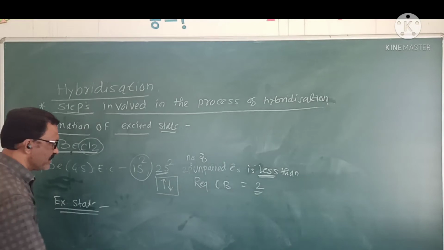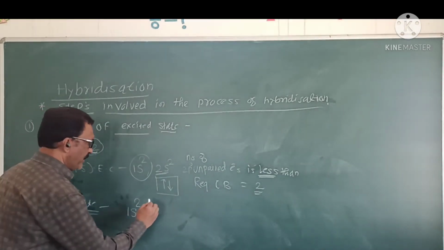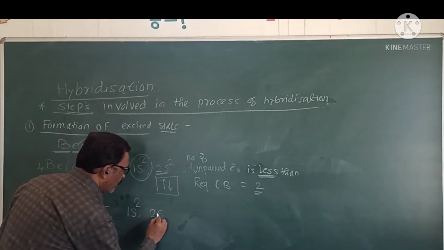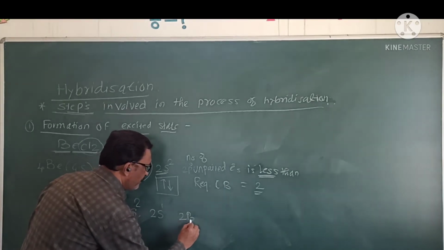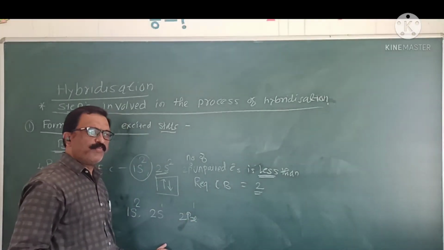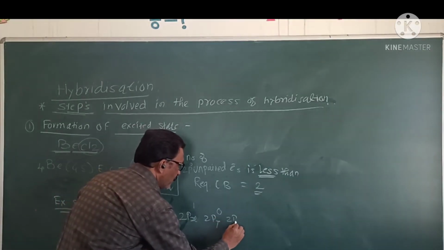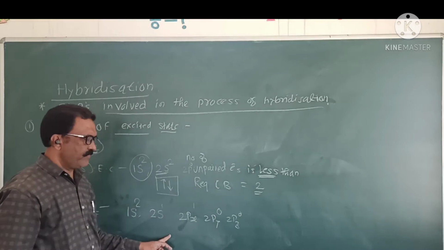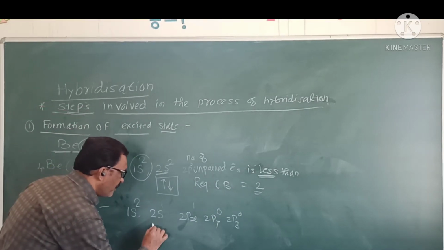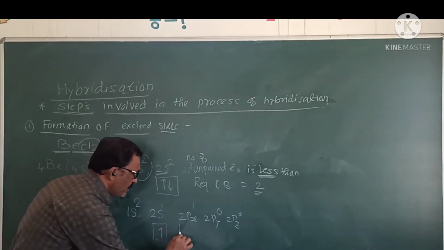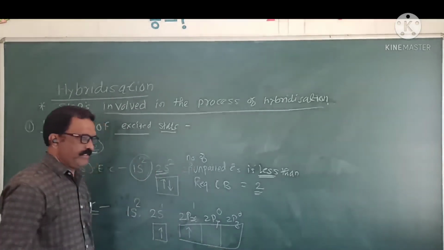Hence, in the excited state, 1s2, and one electron from the 2s orbital is promoted into the empty 2px.